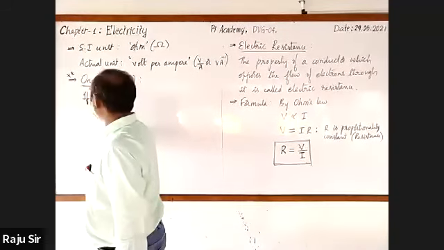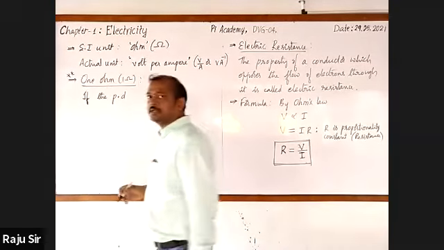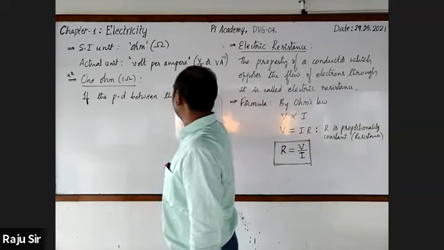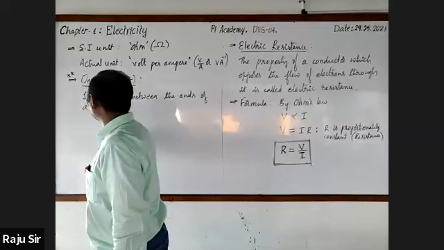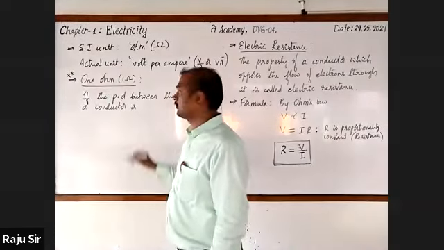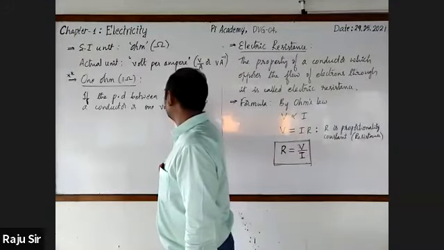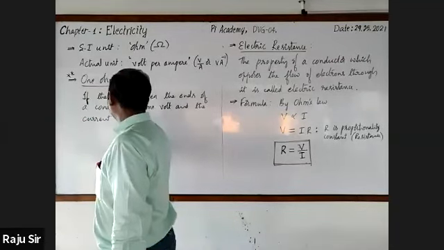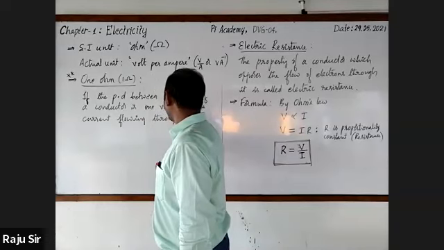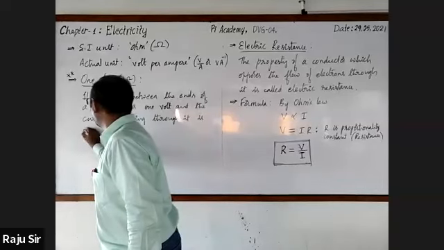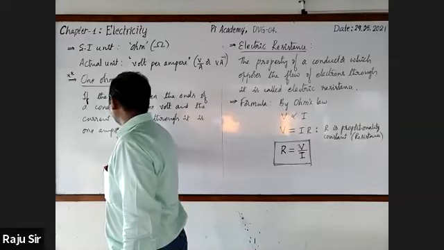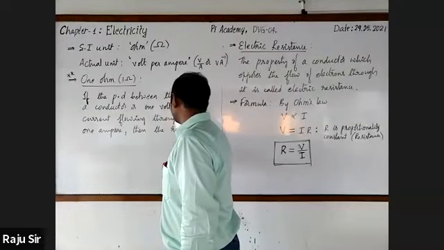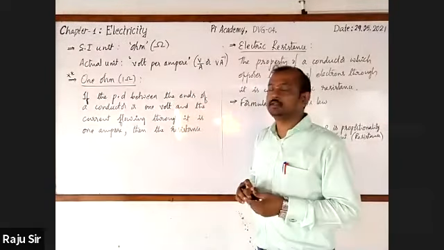If the potential difference between the ends of a conductor is 1 volt, and the current flowing through it is 1 ampere, comma, then the resistance offered by the conductor is said to be 1 ohm.